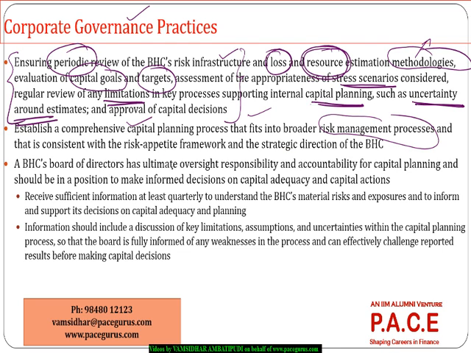That capital planning process has to be in line with the risk appetite of the company, along with the growth, the business goals, and the strategic direction of the company. That is the role of the capital governance practice or senior management in the organization. They have to ensure that this is in place.